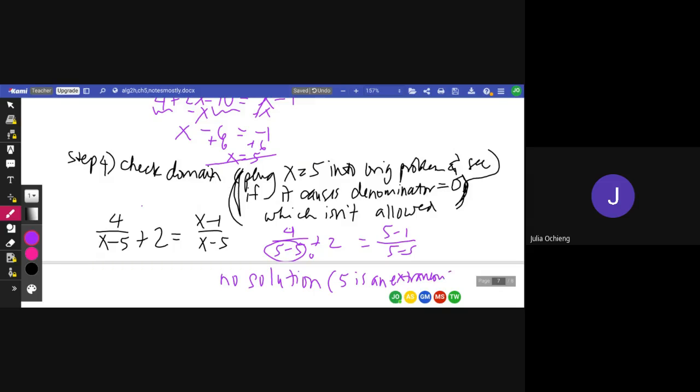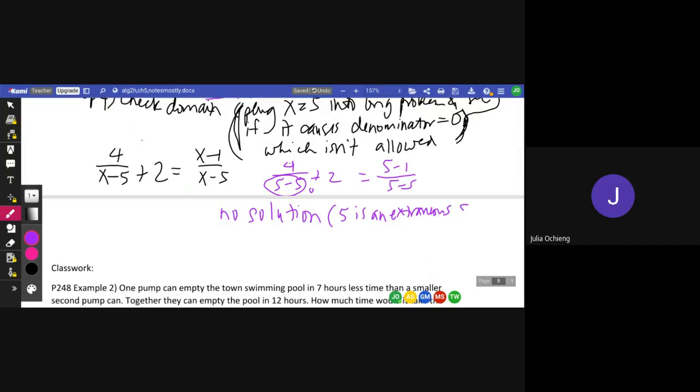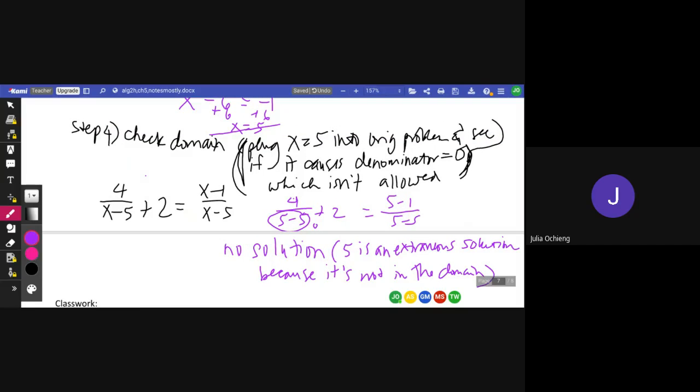A solution that is an extraneous solution because it's not in the domain. Okay. So you may want to look at that again, but I'm going to erase that and show you a second way to check the domain also, because that's not the only way. Either of these ways is acceptable, whatever is preferable to you, okay? So we're going to check the domain a different way.